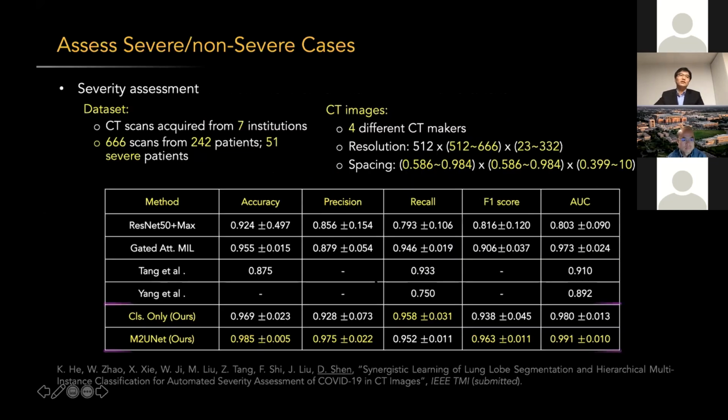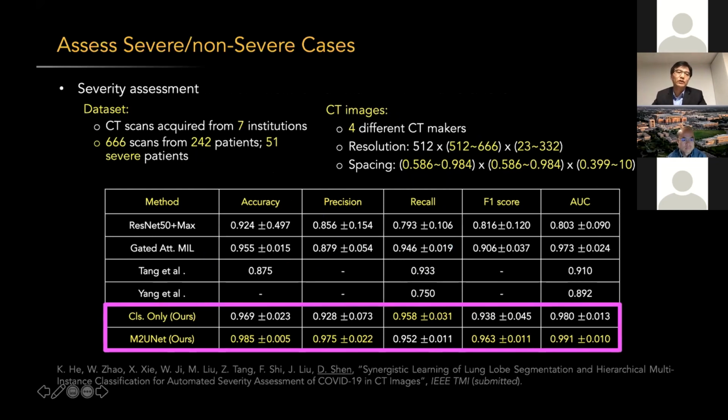By using this method, we first apply it to 666 cases from 7 institutes, totally 242 subjects, 51 subjects with survival status. For all these 7 institutes, they use 4 different CT makers, including United Imaging CT. The resolution, particularly the number of slices, ranges from 23 to over 300.